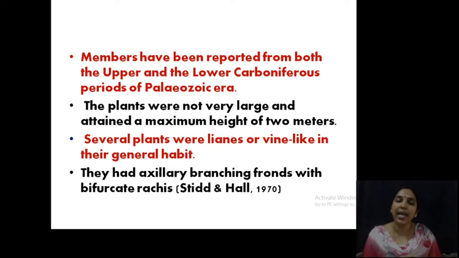They had fronds, the leaves, with a branched rachis that bifurcates, dividing into two branches. Rachis is the common axis that bears the leaf. So, the axis of the compound leaf is known as what? Rachis. They have a prominent rachis.